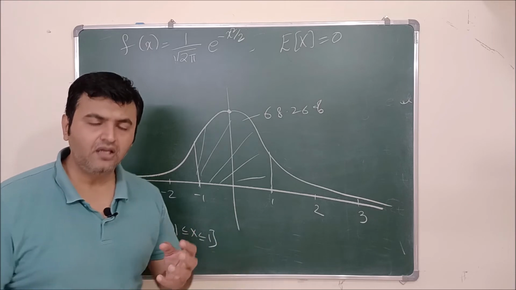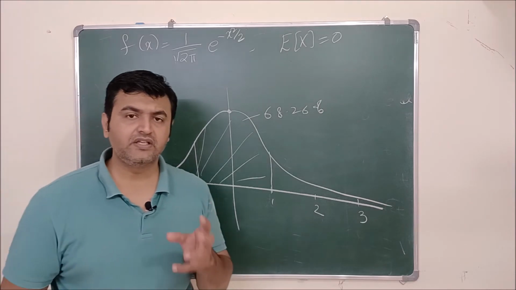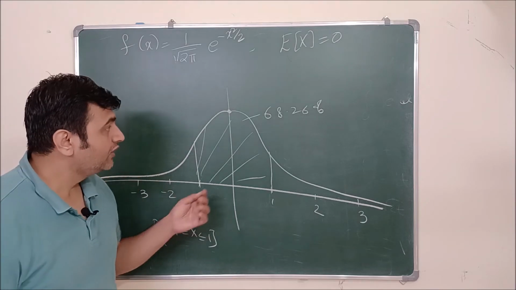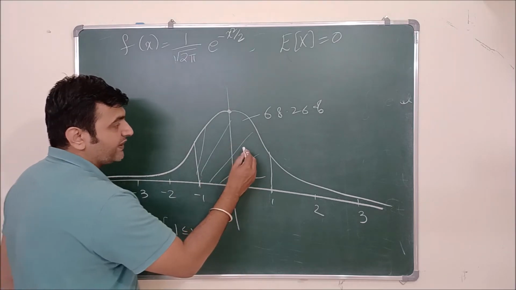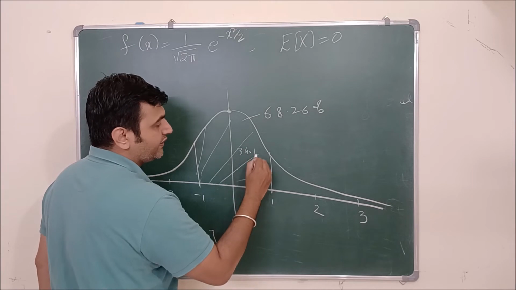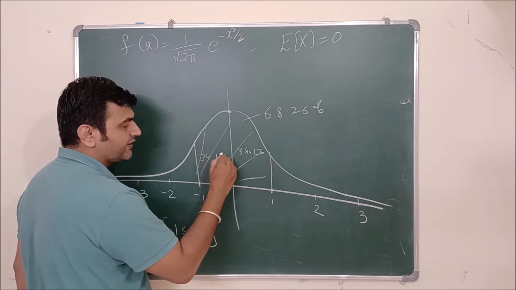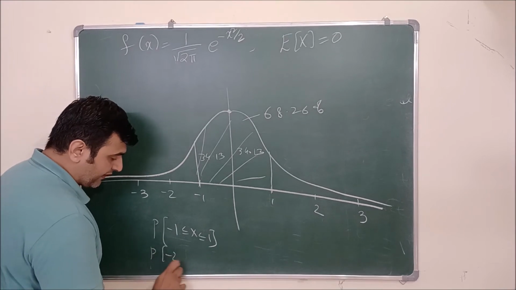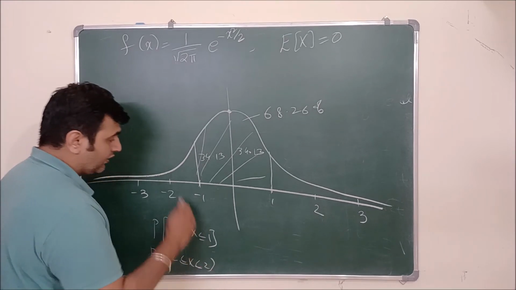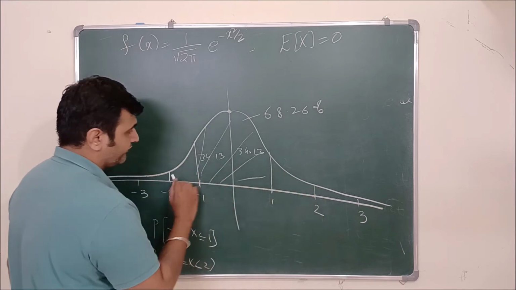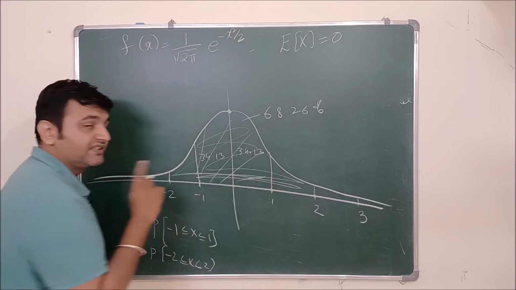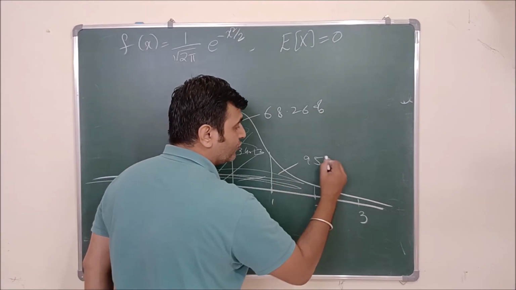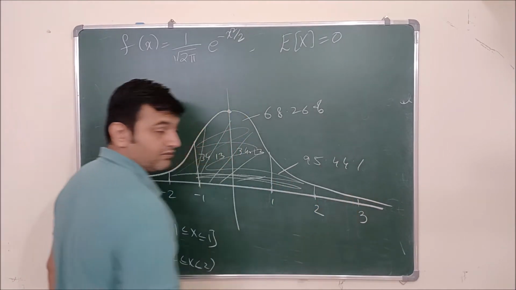That's why people say look into one standard deviation interval, or look for the interval from -1 to 1. So that means this part contains 34.13%, and it is symmetric. If you take the probability from -2 to 2, this whole together constitutes 95.44% of the data.